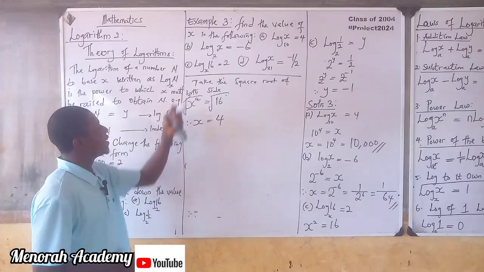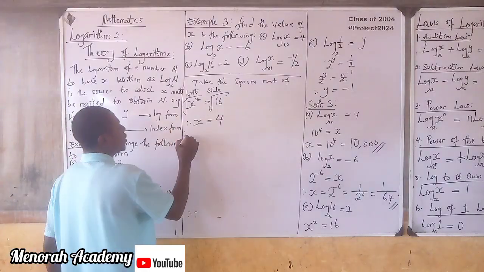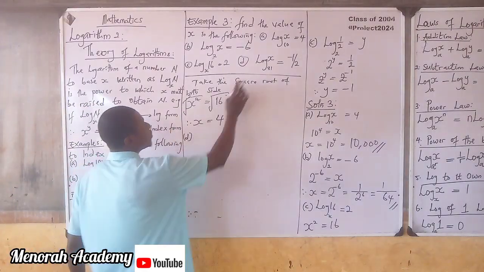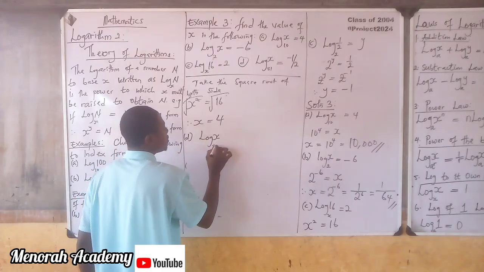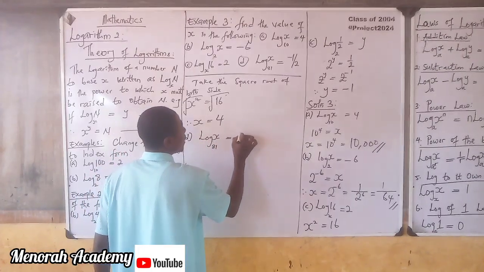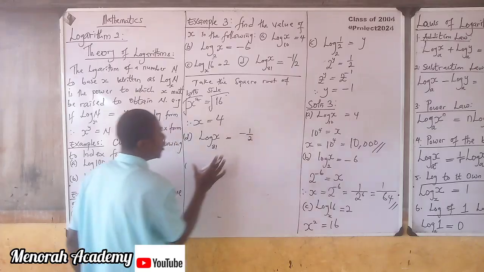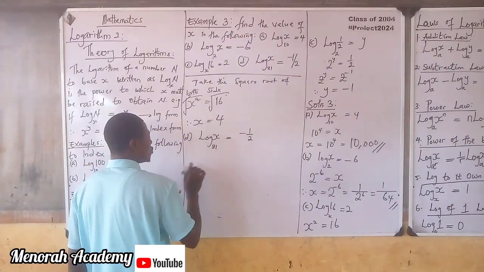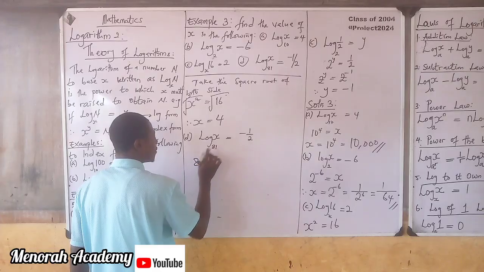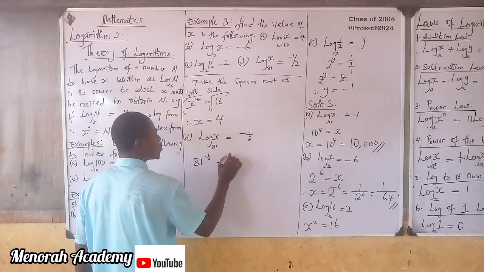Okay, now the next one is going to be the last one, which is D. The D part, you have log of x to base 81 equals minus 1 over 2. If you have something like this, 81 will take this as its own power, which means you are going to have 81 raised to the power of minus 1 over 2, which is equal to x.